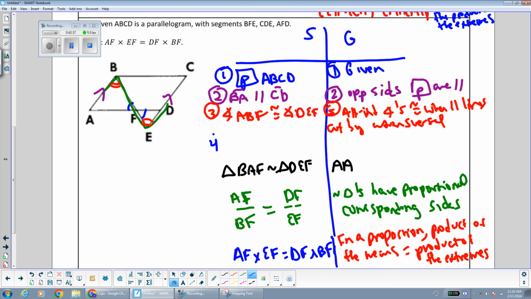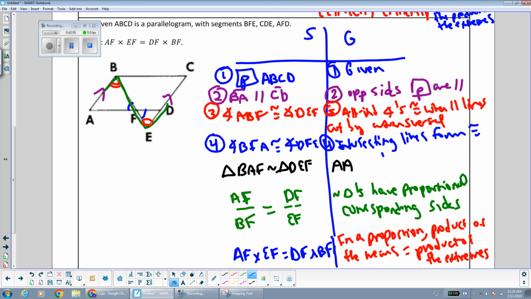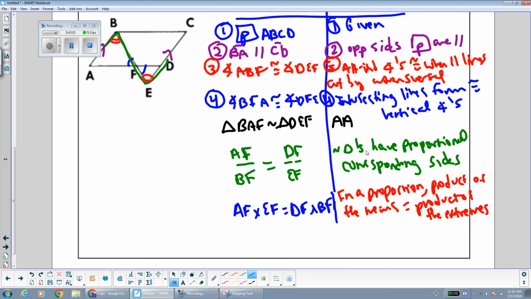And then all we needed was our vertical angles, which is angle BFA and angle DFE. And our reason for that, intersecting lines form congruent vertical angles. And that's it.